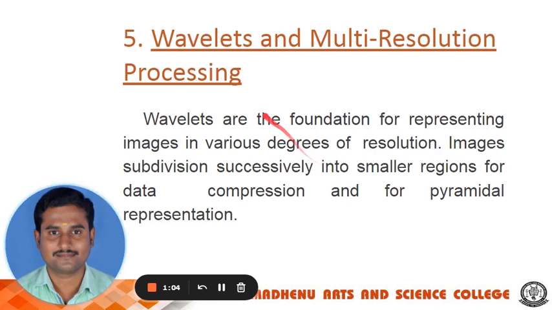So next one, wavelets and multi-resolution processing. This is the fifth fundamental step of digital image processing techniques. Here wavelets are the foundation for representing images in various degrees of resolution. Various degrees of resolutions were used to differentiate the images or for processing the images.